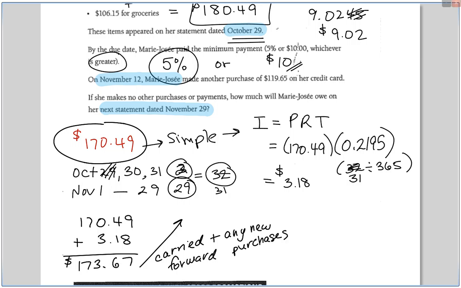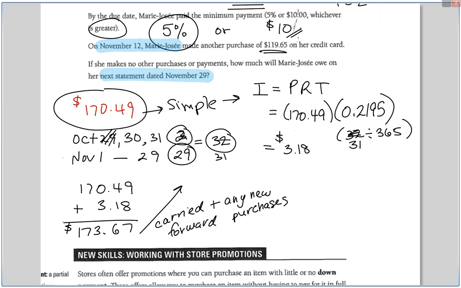Did she make any new purchases? Yes, she did. 119.65. So 173.67 plus 119.65.